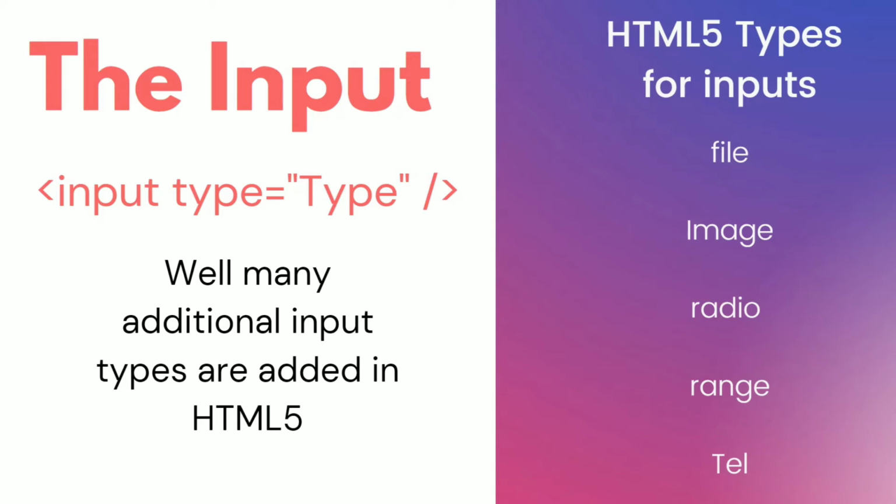If you have ever watched draggable inputs, where you can make anything draggable with the input, you can make it through range. When you type input type equal to range, you can make an input which is draggable. You can watch it in VS Code. At last we have tel. Tel makes an input where you can only enter the phone number or the mobile number. These are all about the input.